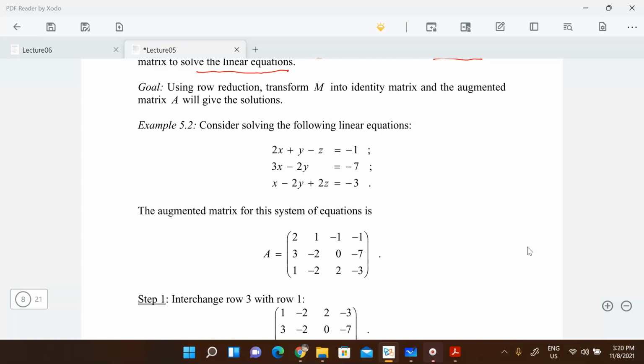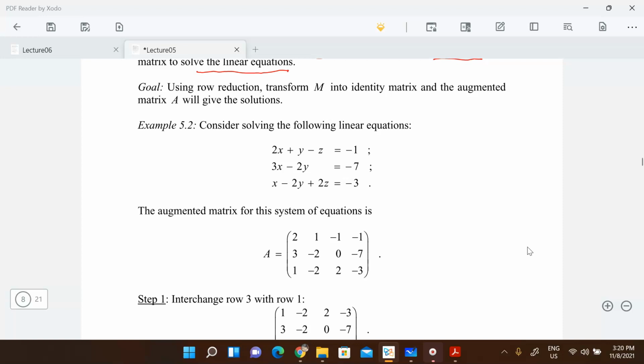So let's do this for a numerical case, meaning you have numbers here, multiplying the variables x, y, z, and then here also you have numbers, okay? So the first thing that we will do is to create the augmented matrix. You look at the numbers that multiply variable x, that will come as the first column.